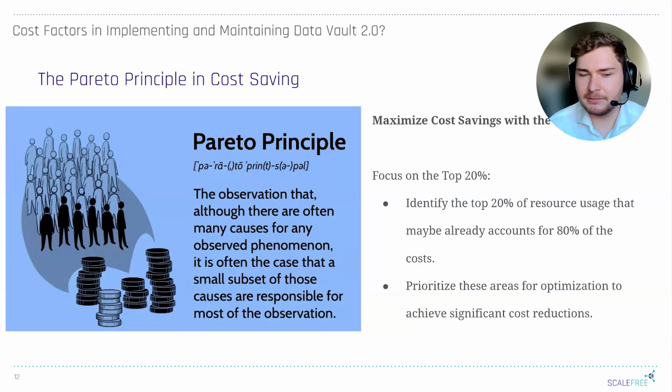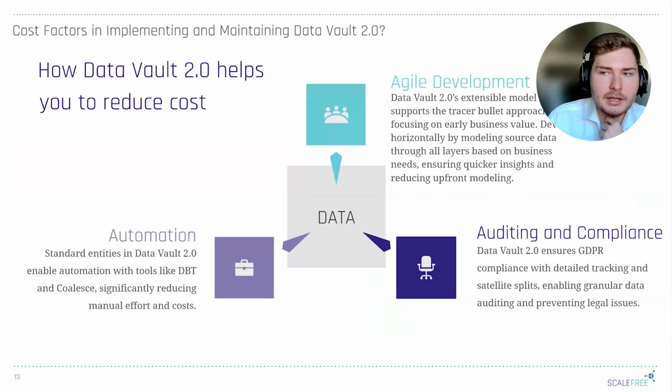So sometimes you just need to improve a small part of your data warehouse, but the benefit will be really, really huge. So think about that when optimizing, because normally it's just a few long runners or stuff like this that really cost money and go into your compute costs, right?